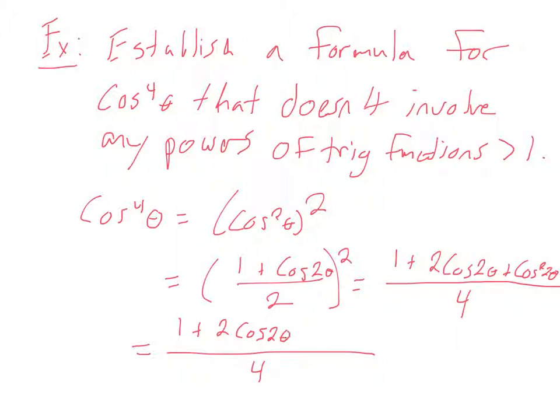Right? And then cosine squared 2 theta, we'll apply our power reduction formula there. So we will get plus 1 plus cosine, and then we're going to have 2 times 2 theta there, so it's going to be cosine 4 theta all over 2, of course.